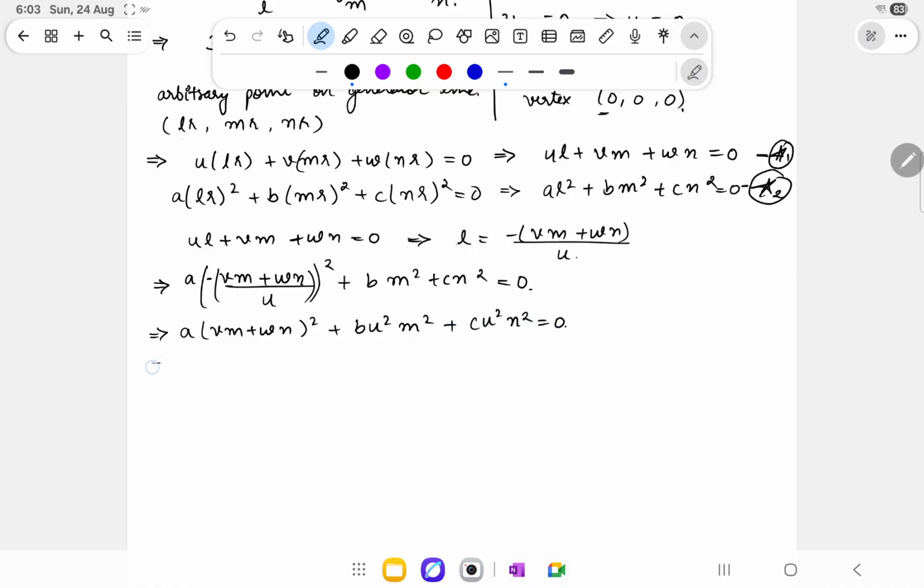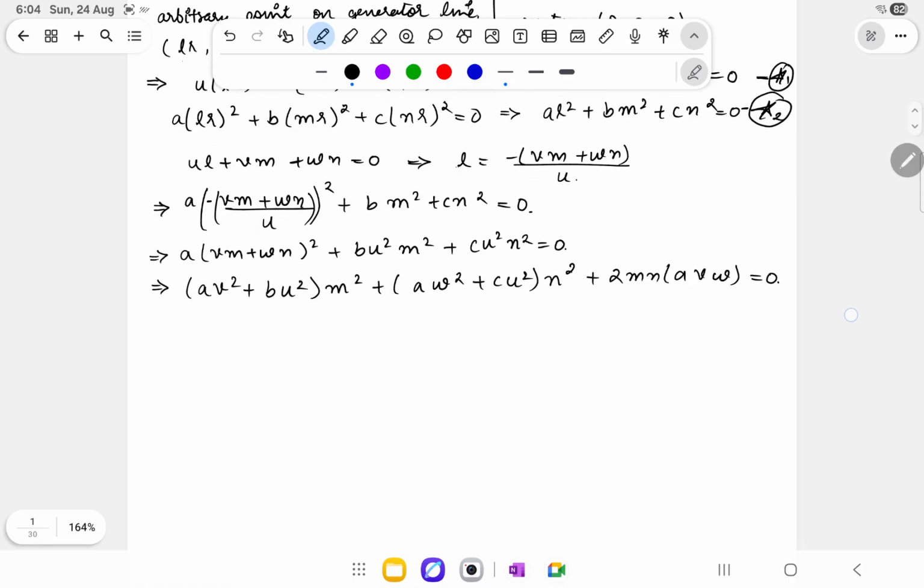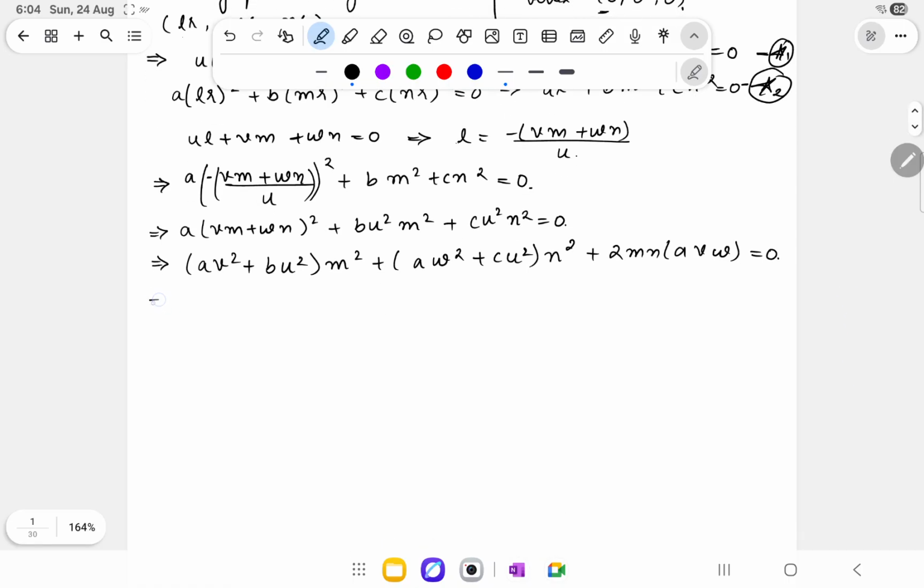So from here what I can do is club the coefficients of m square, n square, and mn. If I do so, I'll get the coefficient of m square as (av square plus bu square) into m square plus (aw square plus cu square) into n square plus 2mn into (avw) equals 0. Now I can divide this whole term by n square.